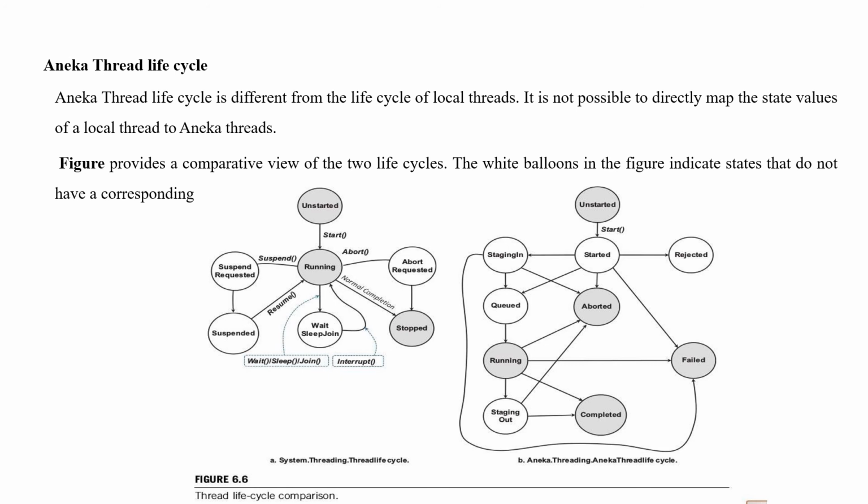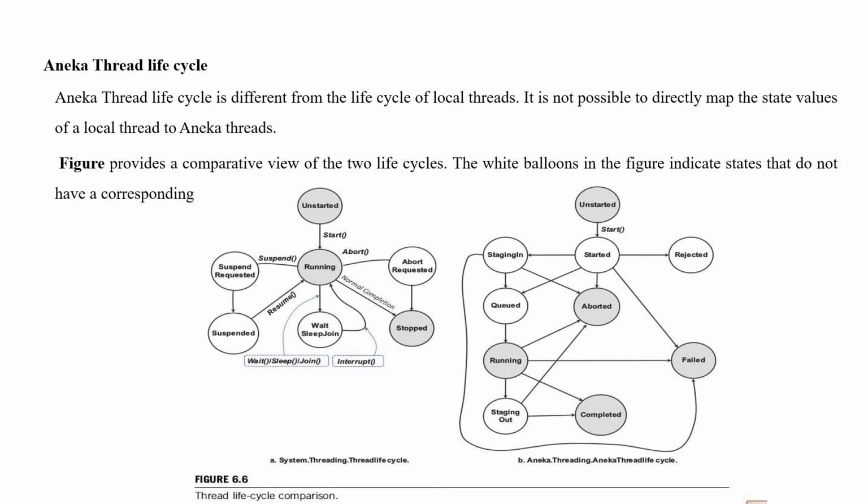In the case of local threads, most of the state transitions are controlled by the developer, who actually triggers the state transition by invoking methods on the thread instance. While in the case of Aneka threads, many of the state transitions are controlled by the middleware. An Aneka thread is initially found in the unstarted state.